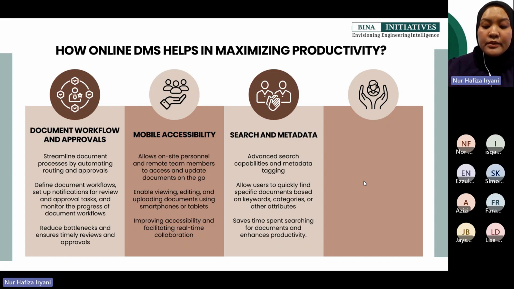Using the EDMS, you can filter the search. I want to search in this, and then it will give you a list of the documents that you wanted. This allows users to quickly find specific documents based on keywords, categories, and other attributes. Of course, it will save time spent searching for documents and enhance productivity.